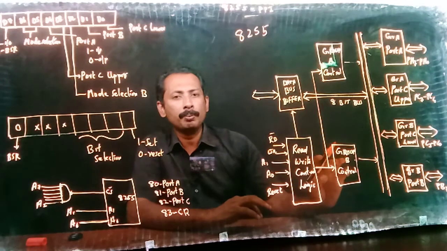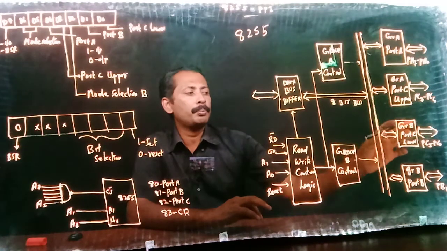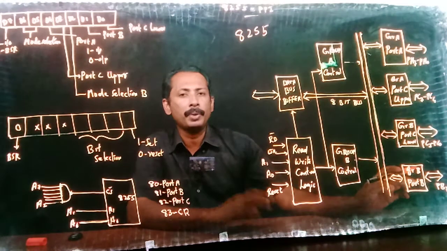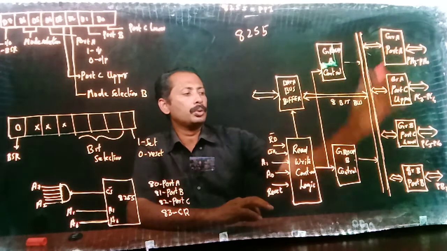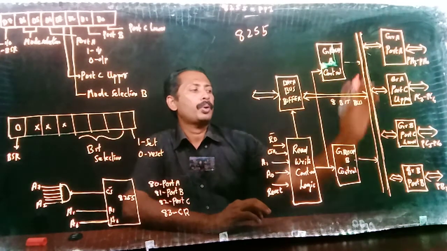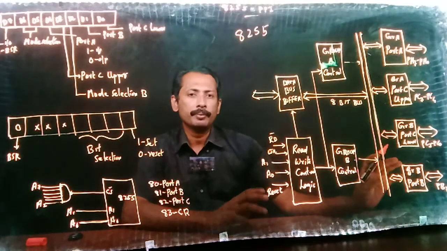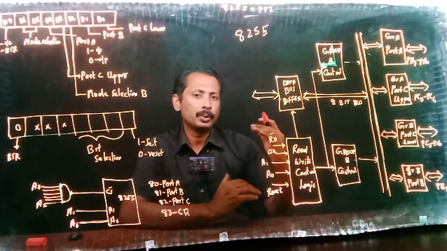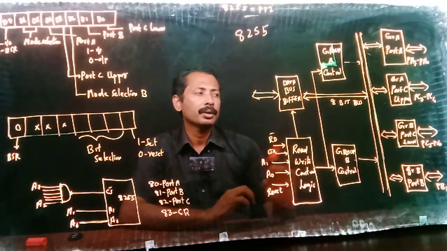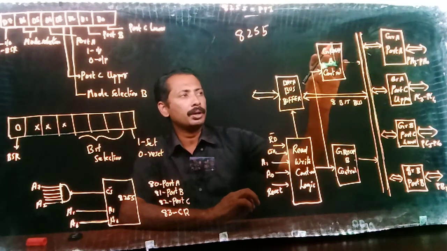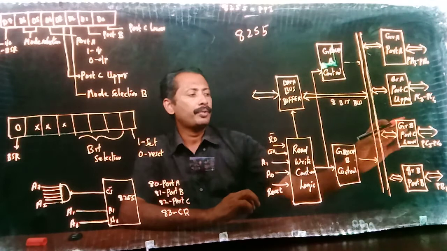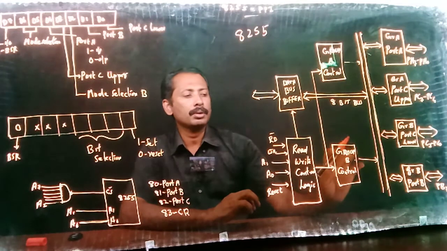This is group B control for controlling port C lower and port B. Okay, so I think this one is clear. We have 3 ports: port A, port B, and port C. Port C can be divided into 2 if you want. For controlling group A, we have group A control, and for controlling group B, we have group B control.